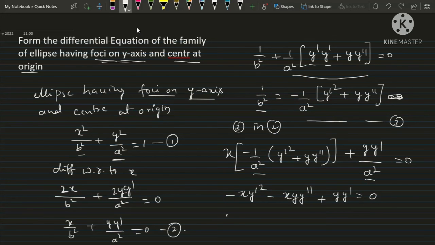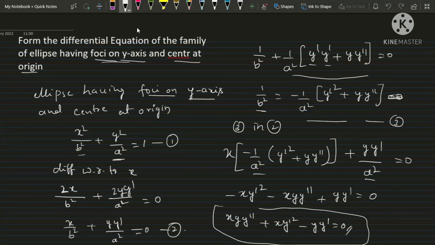What is left? x y y double dash plus x y dash whole square minus y into y dash, because I took a minus common, is equal to 0. This is our required differential equation. Okay? It does not contain any arbitrary constant. This is the required differential equation.